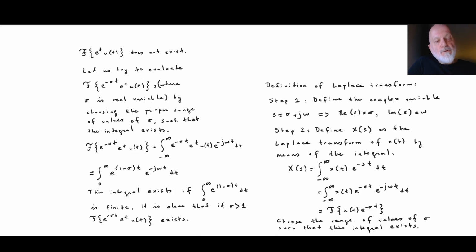Okay, so let us look at our original signal e to the t u of t and see how we choose sigma. In fact, we have already seen that sigma must satisfy the inequality sigma greater than 1 so that the integral converges.